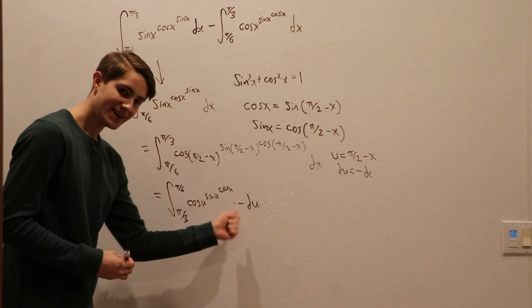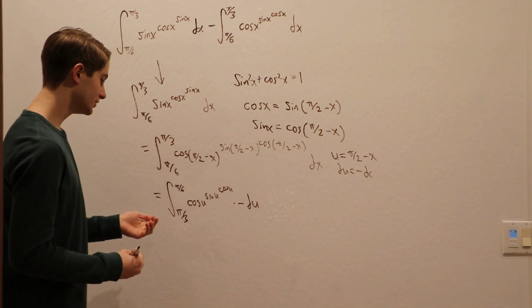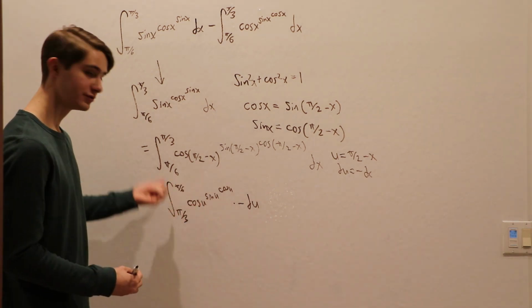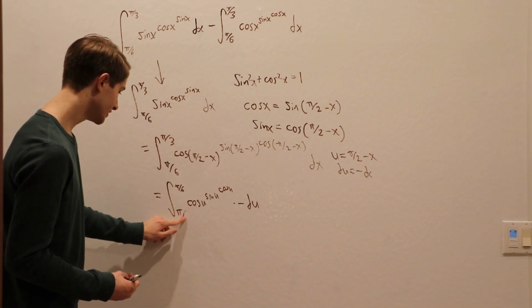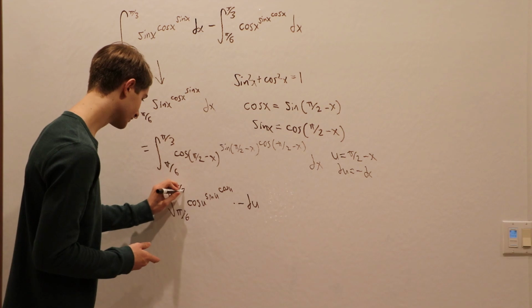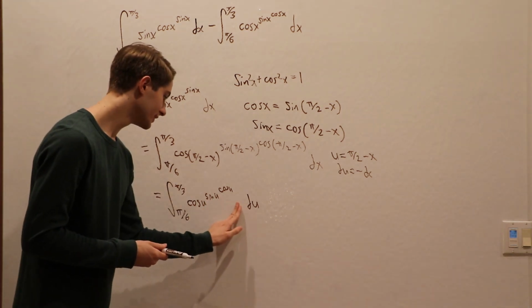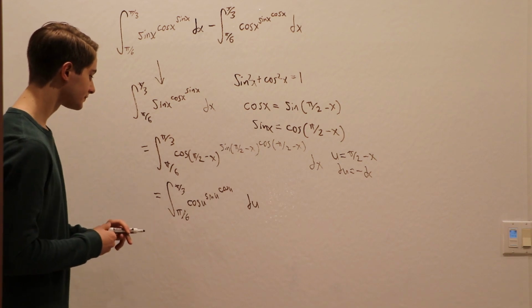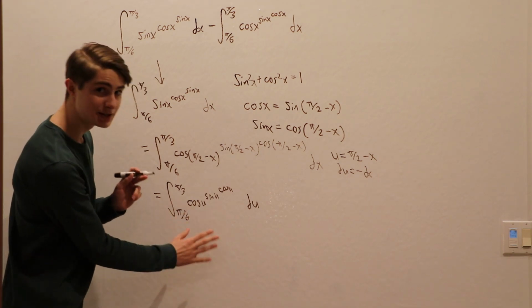But because we have a negative du, what we can actually do is multiply this entire integrand by negative 1 and flip the bounds. So we can change this so that it's from pi over 6 to pi over 3, and then we just take away this negative sign, and this will be the same integral. And now we have exactly what we wanted before.